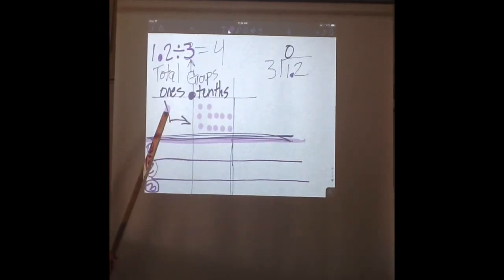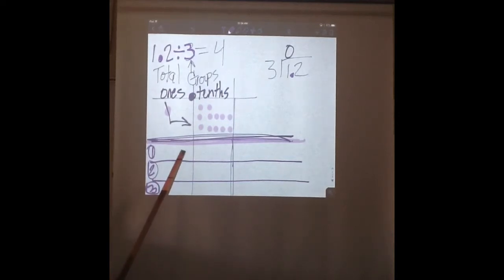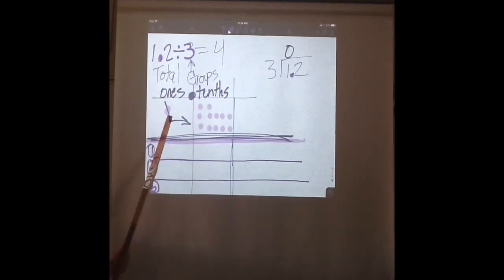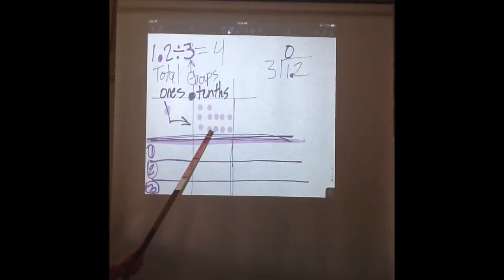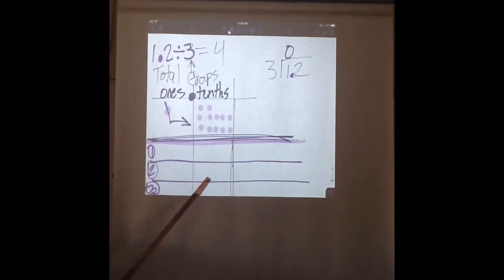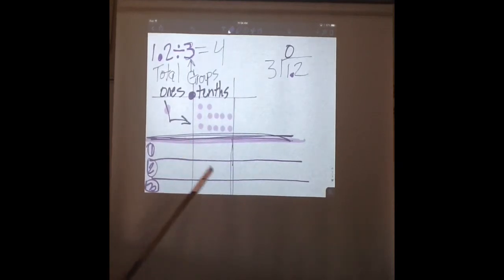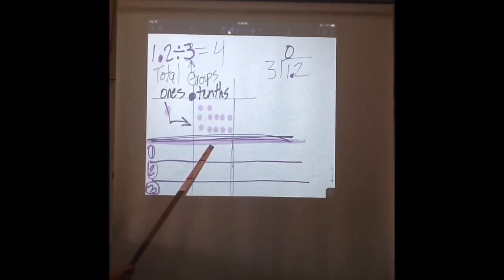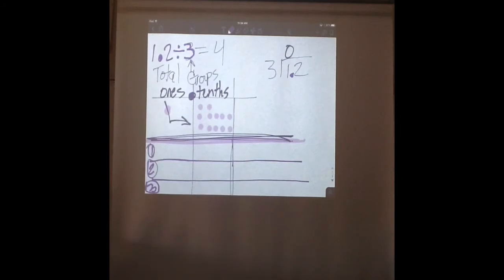So now I start crossing things off. Am I going to put anything in the ones column? No, because that's been moved over into the tenths, right? So our answer is going to be over here, isn't it? What kind of answer?